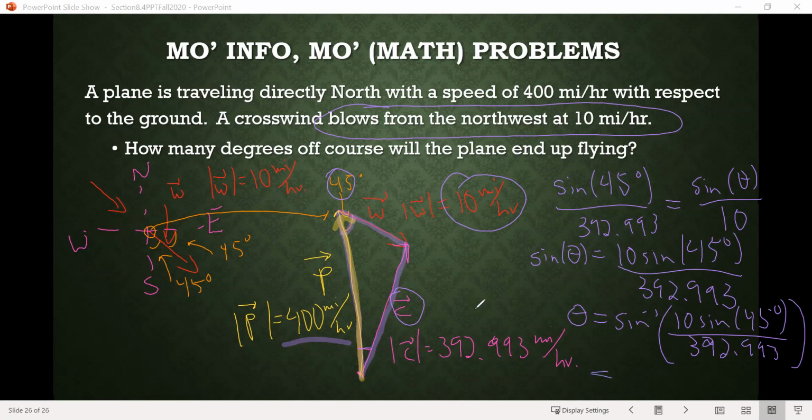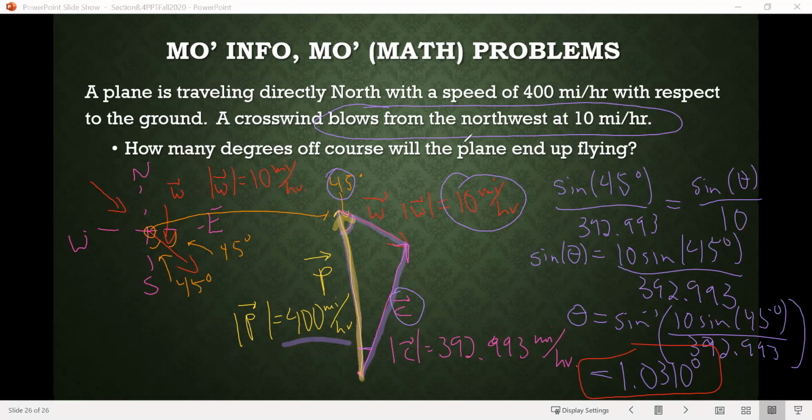Sorry, I'm running out of room down here. When I plug that into my calculator, I find that the measure of the angle is 1.0310 degrees. So it looks like the plane is being blown off course about that much.